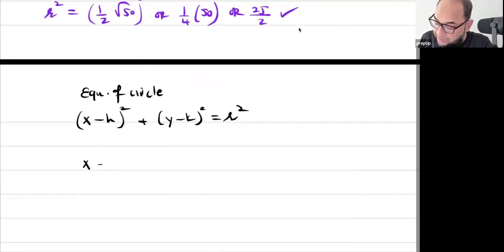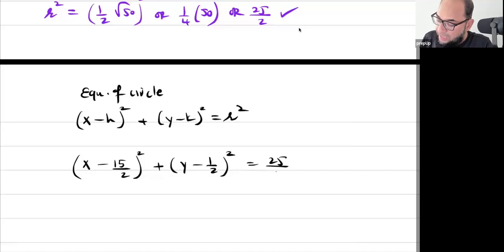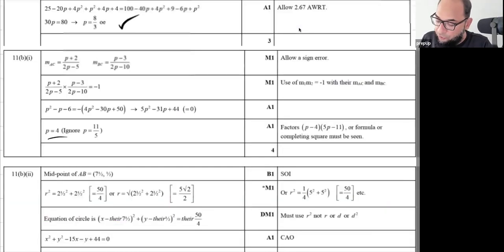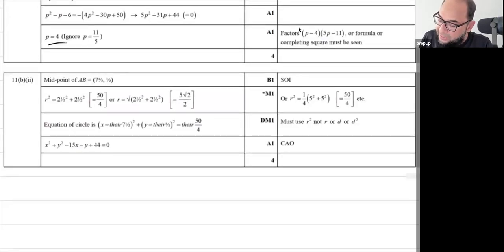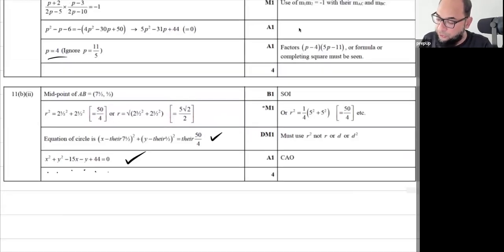So (x minus 15 over 2) whole square plus (y minus half) whole square is 25 over 2. And this is in this form. And then you expand it and simplify, you will get this answer, which is x squared plus y squared minus 15x minus y plus 44 equals 0.